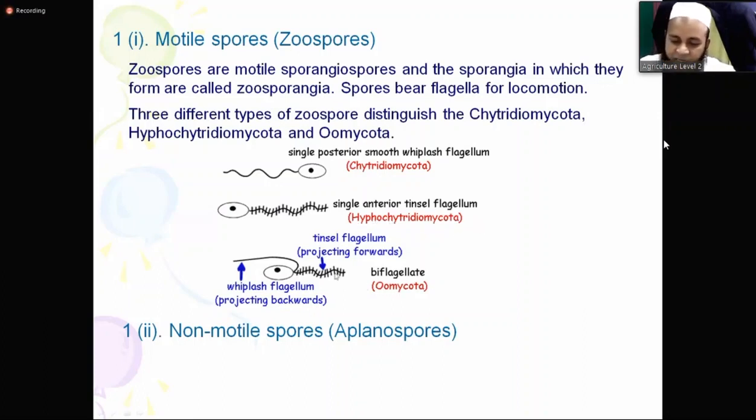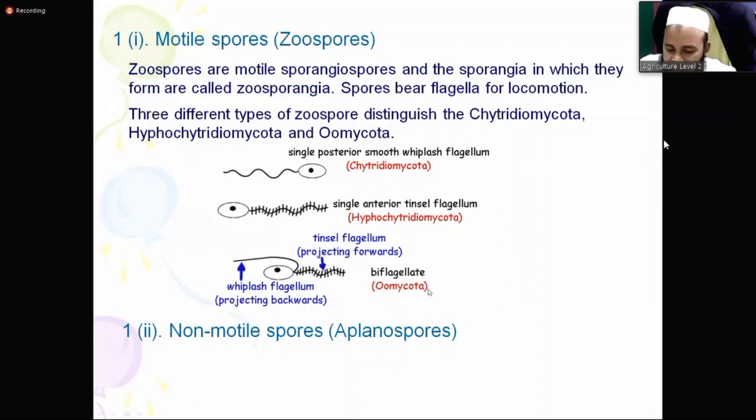If some fungus has two types of flagella, what will happen? One flagellum is projected backwardly, another is projected anteriorly. In that case, we call them biflagellate. One is tinsel, one is whiplash.